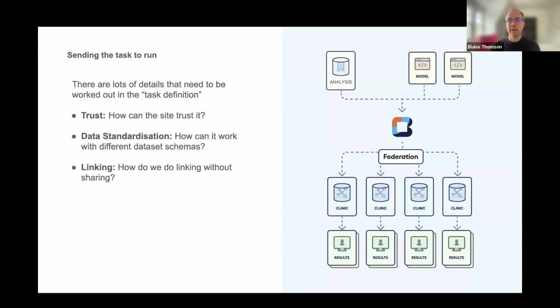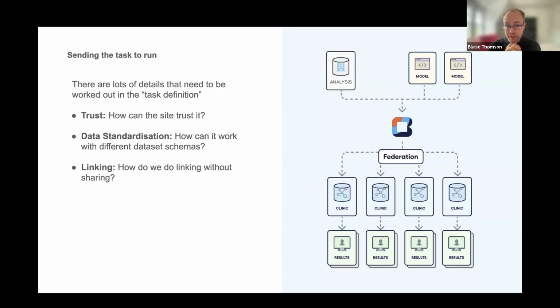And so there's a question of how you enable these sites who have very sensitive data to trust the analyses that are going to be done on their data, to trust that the code that's going to execute doesn't have anything nefarious, and to allow the egress that needs to happen.